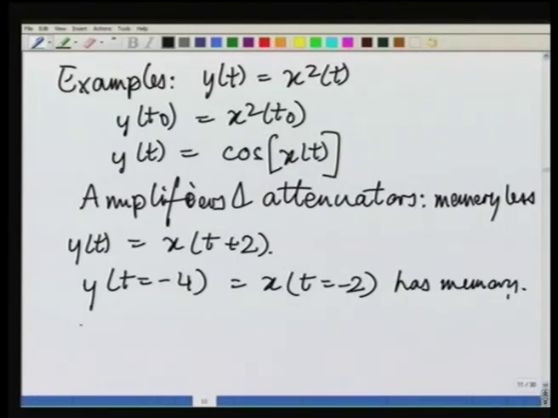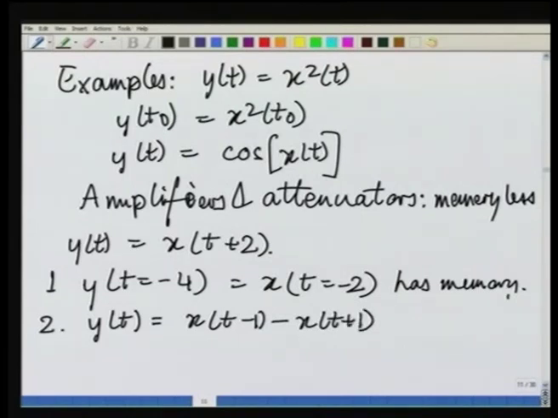Other examples, this was the first, second. Y t equals x t minus 1 plus x t plus 1 minus x t plus 1.